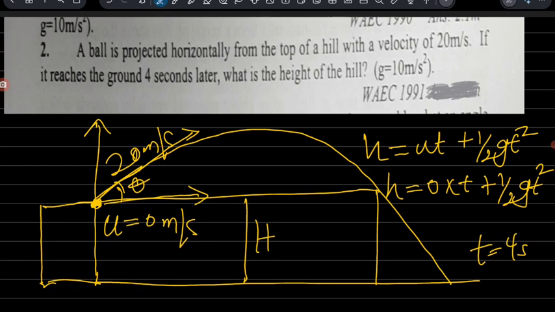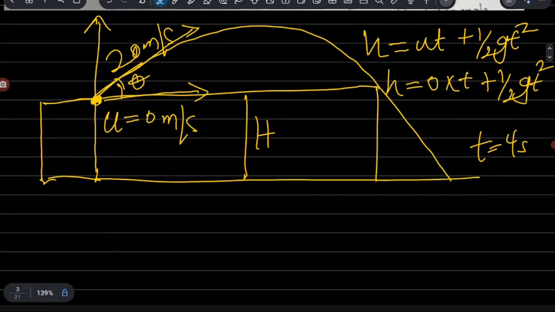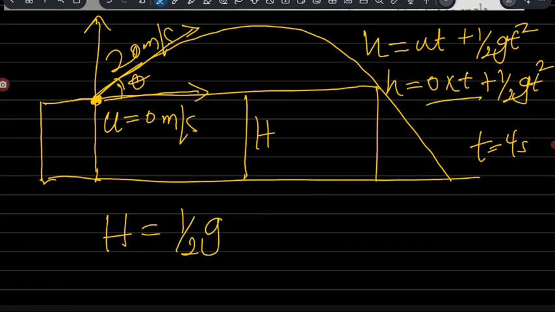So that term will turn out to 0. So now it is half g t squared. Now, we will be given the value of t: half times the acceleration due to gravity, which is 10, as given, multiplied by 4 squared.